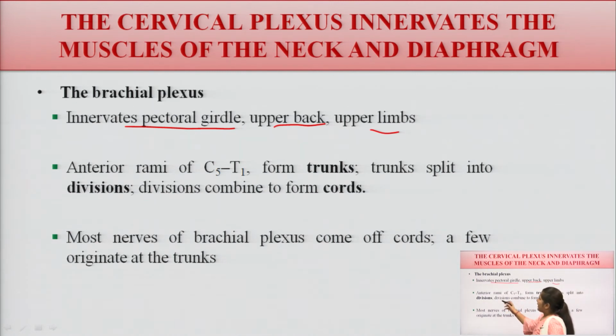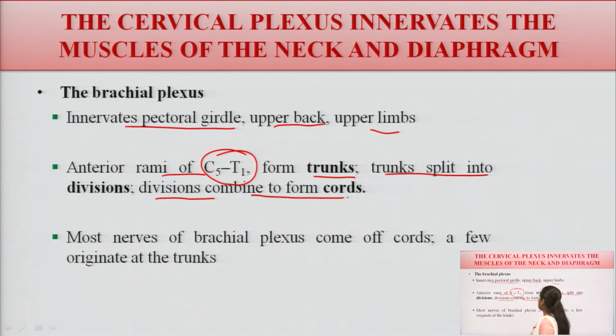Now anterior rami of C5 to T1, it is up to C5 to T1, and it forms a trunk, and this trunk is split into division, and this division combine to form the cords.